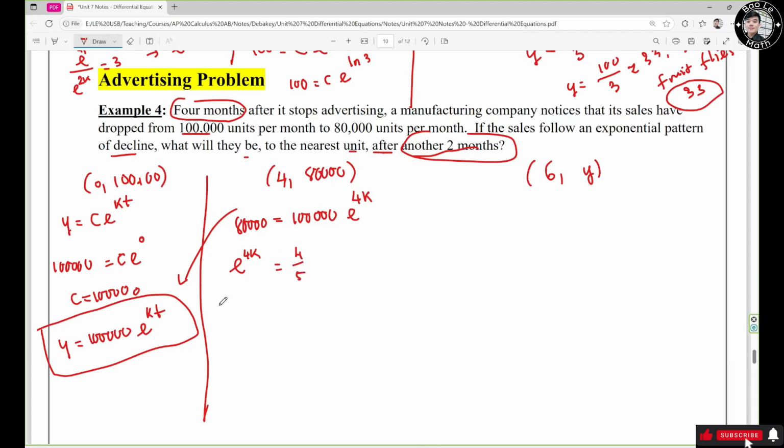Take natural log of both sides, so you have natural log of e raised to the 4k equals natural log of 4 over 5, right? So you have 4k equals natural log of 4 over 5, so k equals 1 over 4 times natural log of 4 over 5. So the equation should be y equals 100,000 times e raised to the 1 over 4 natural log of 4 over 5 times t, right?